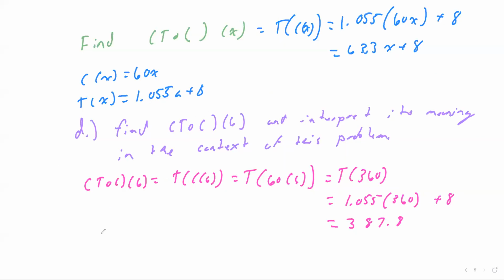So that means that 6 tickets cost $387.80. Notice I put that 0 at the end. And that's it. So there's a way that you can apply that in a word problem.